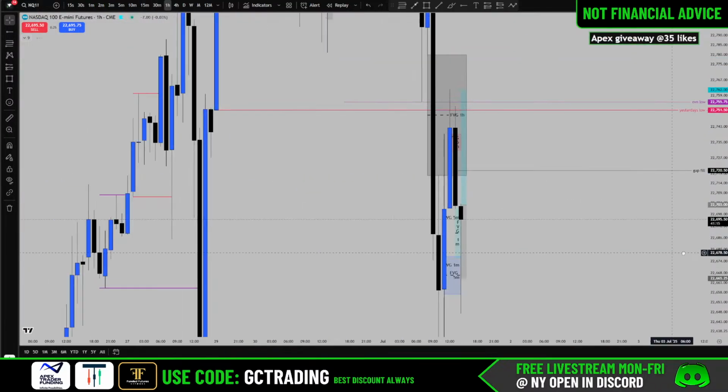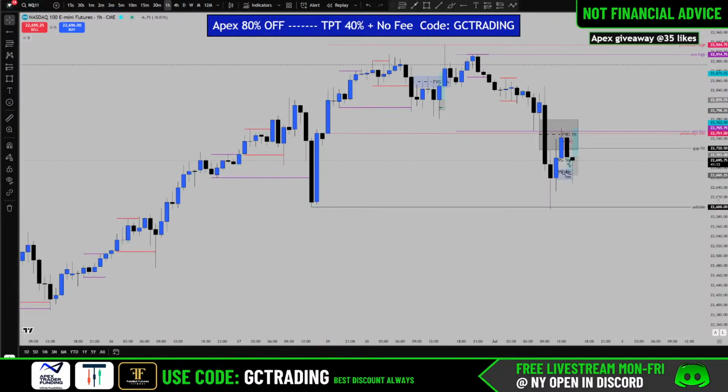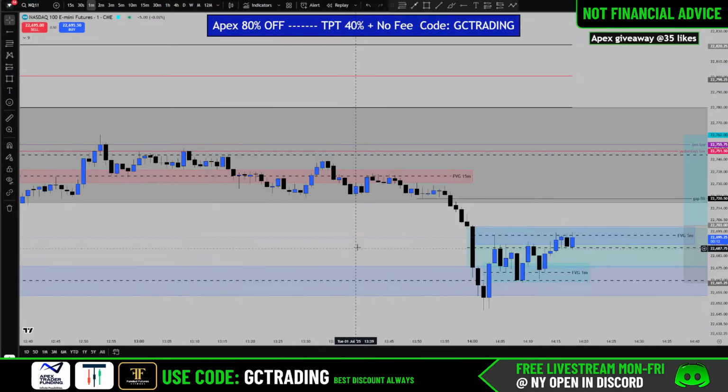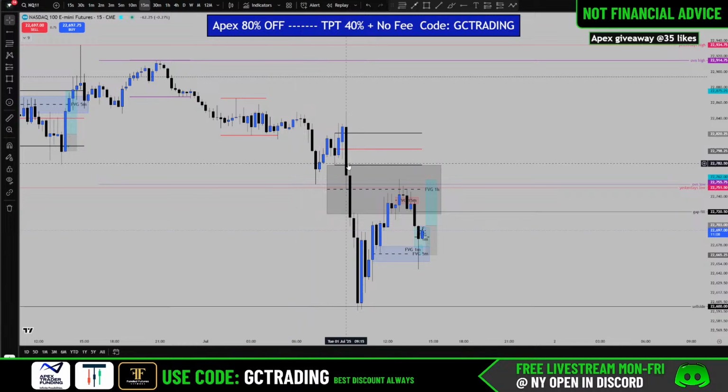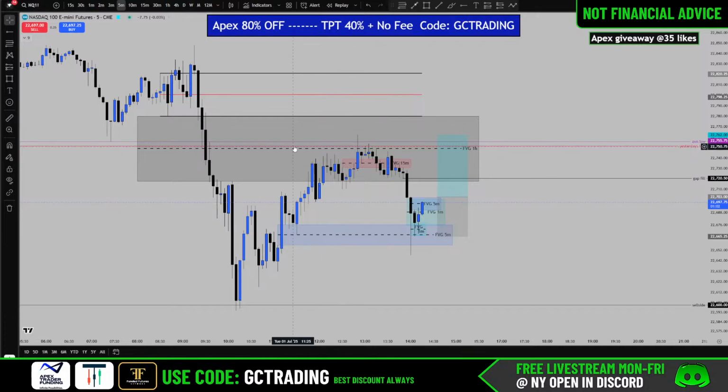Let's look at the hourly real quick, see what we got going on here. 15-minute gap fill, 5 minutes. Okay, so we do have a 5-minute gap right here. Look at that for targets.